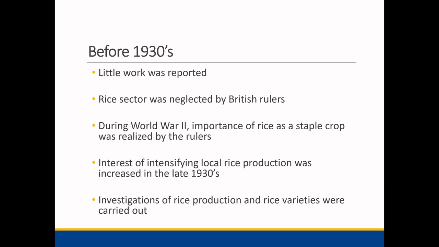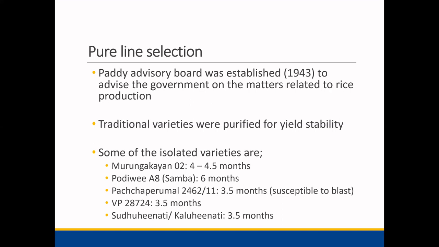Then they started working on pure line selection. In the last classes, I was talking about how we had many traditional varieties with many inferior characters, but even within those traditional varieties they were trying to select lines. Lines means you can consider them as varieties, or different types of rice. So they were trying to select those pure lines.